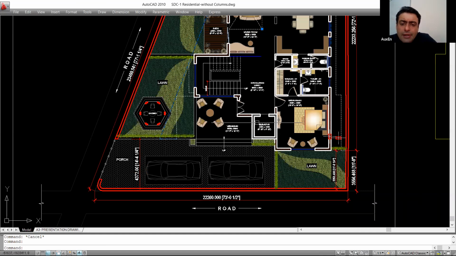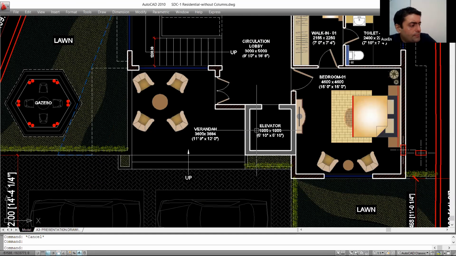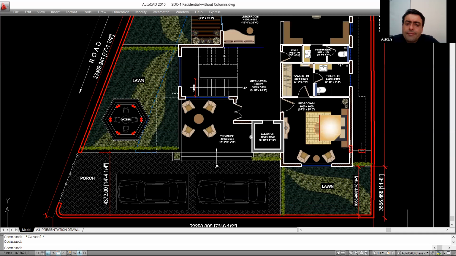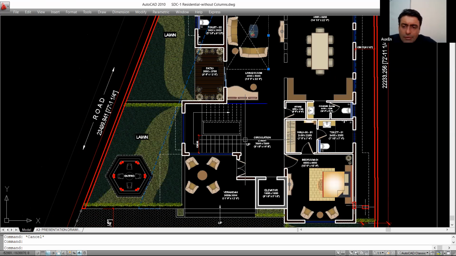So it's rare to have an elevator in an independent G+1 bungalow, but they have provided an elevator, maybe because of the client, yeah, of course, because of the client requirement. So the client is foreseeing the future, that in future they may not be able to climb so many steps every time. So they have provided the provision for an elevator also. All right. Good. So that's all for today.